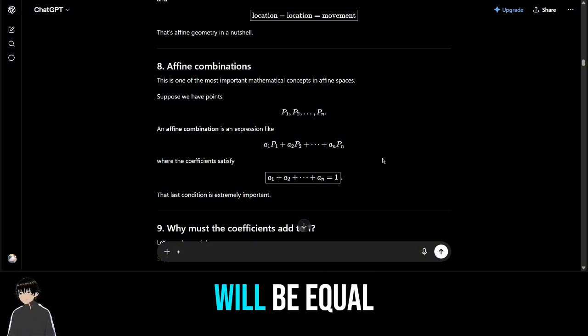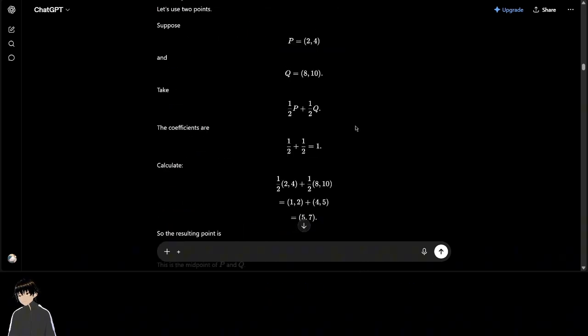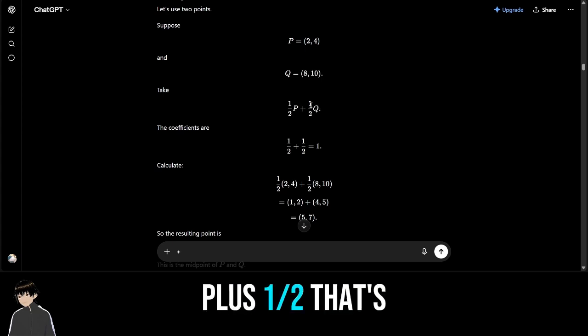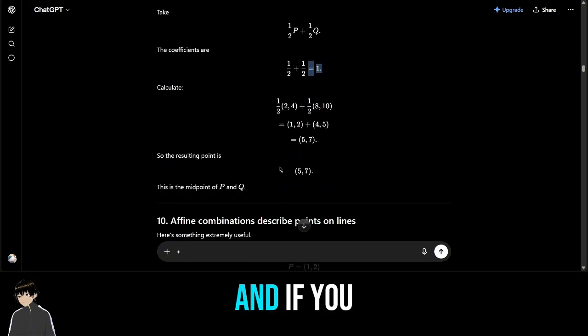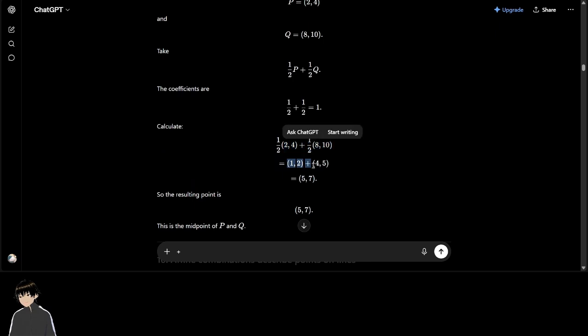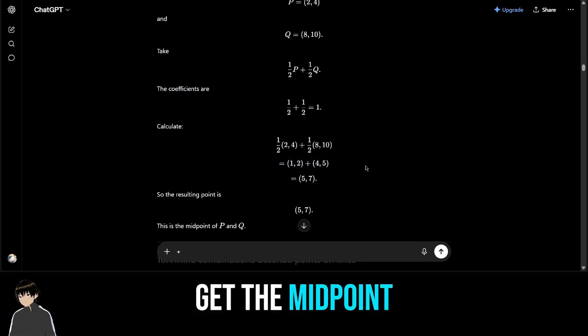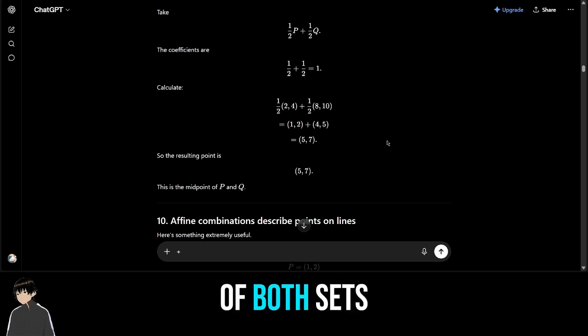So the coefficients sum to 1. Let's see another example right here. If we have a coefficient for the points P and Q of 1 half plus 1 half, that's 1. So that's correct. And if you add both of those, you're going to get the midpoint of P and Q, which is kind of like the median of both points or locations.